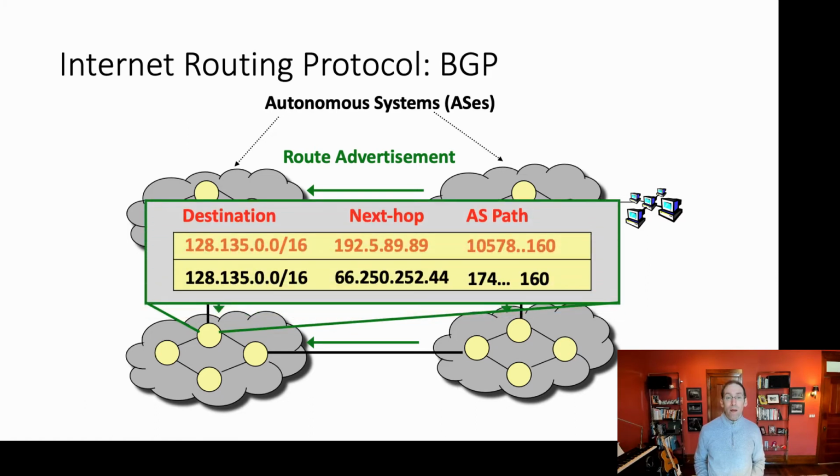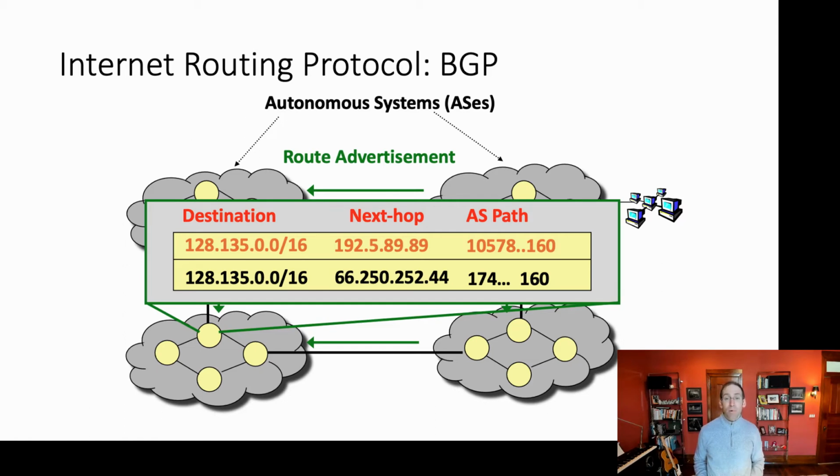A BGP route advertisement contains a lot of information, but several of the important pieces of information include the destination, or the IP prefix. You can see here two examples of University of Chicago prefixes.